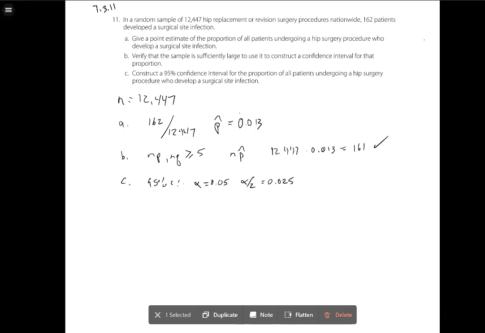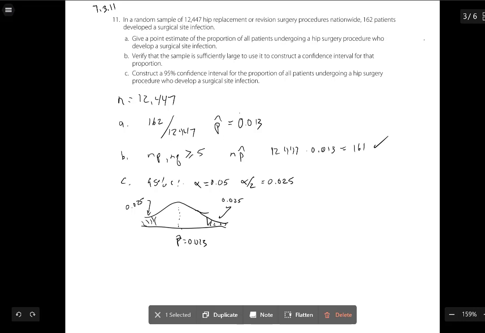For our confidence interval, we've got our sample proportion, 0.013. We have 0.025 of the probability on this side, and 0.025 on this side. That adds up to our 95% for that confidence interval, so we're looking at what's in between there.